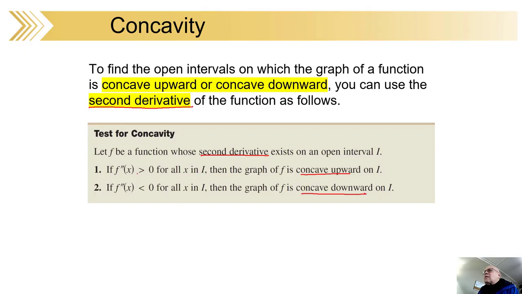If it's positive, it's concave upward. If the second derivative is negative, then it's concave downward. Which means that if it's got a positive second derivative, it's got a minimum. If it's got a negative second derivative, it's got a maximum. That's handy.